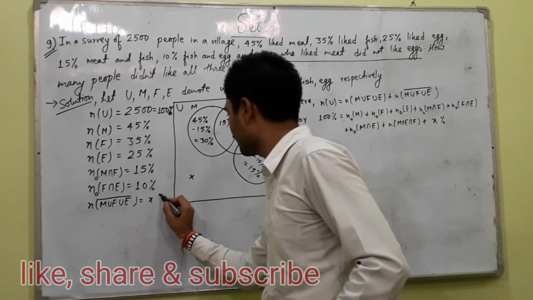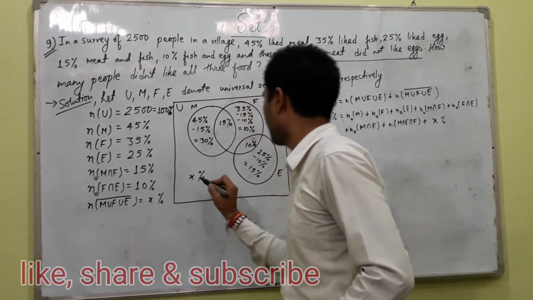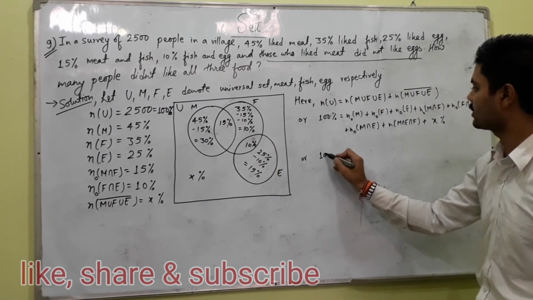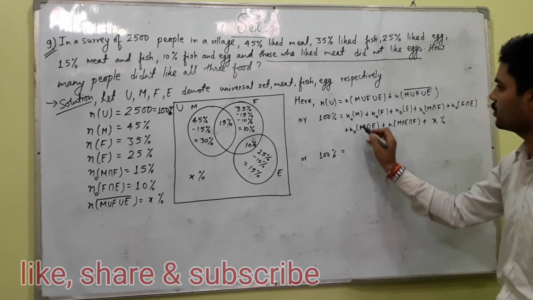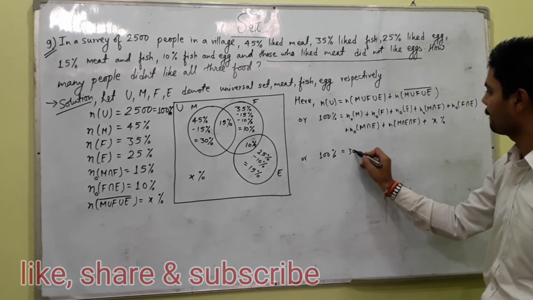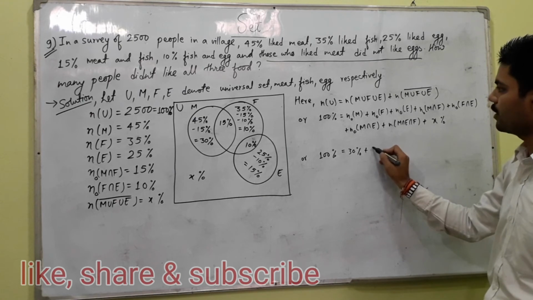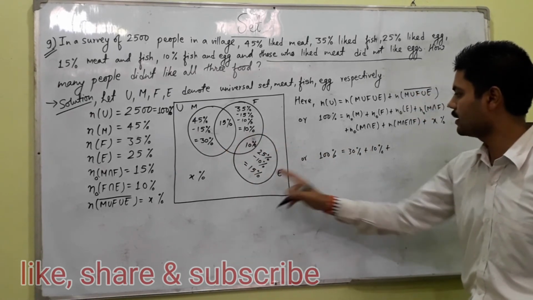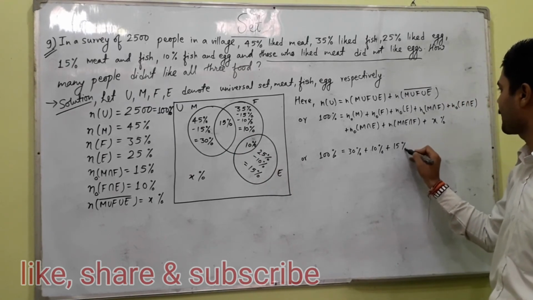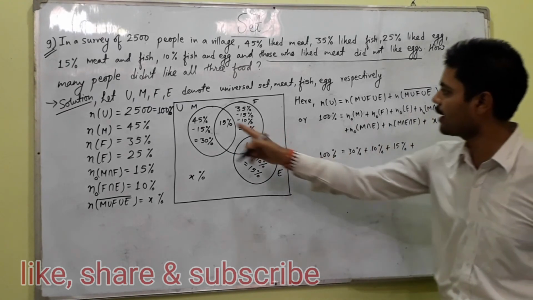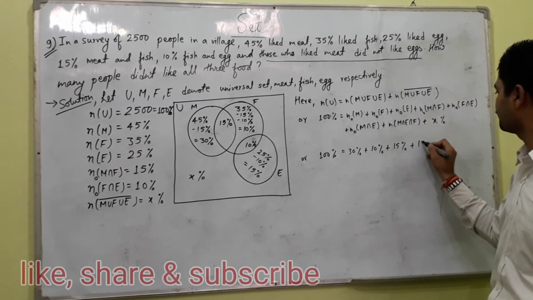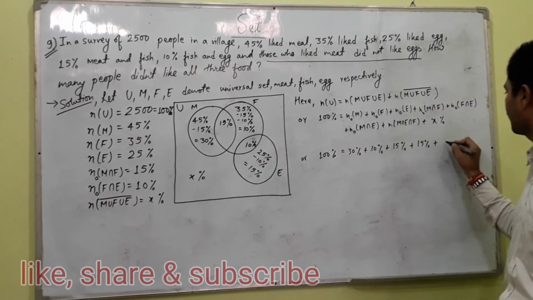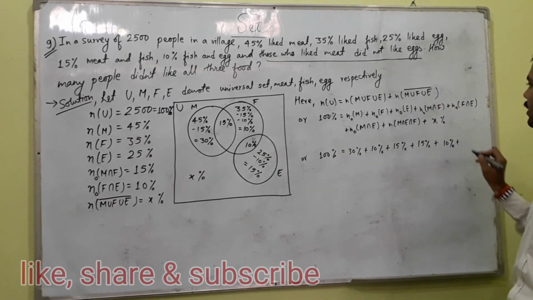Let us write X percentage here, because all the data are in percentage form, so 100% equals: number of M only is 30, number of F only is 10, E only is 15, M intersection F is 15, F intersection E is 10. Now here comes the problem.